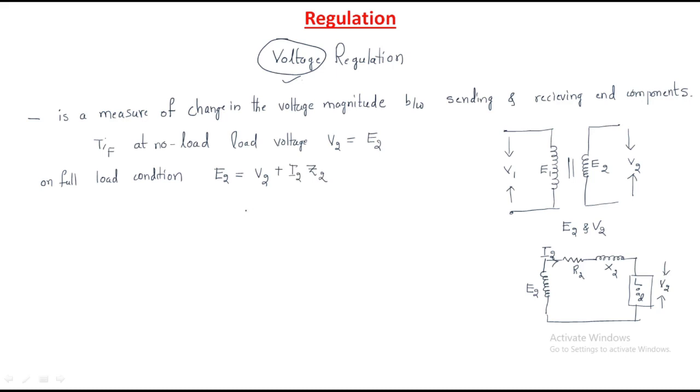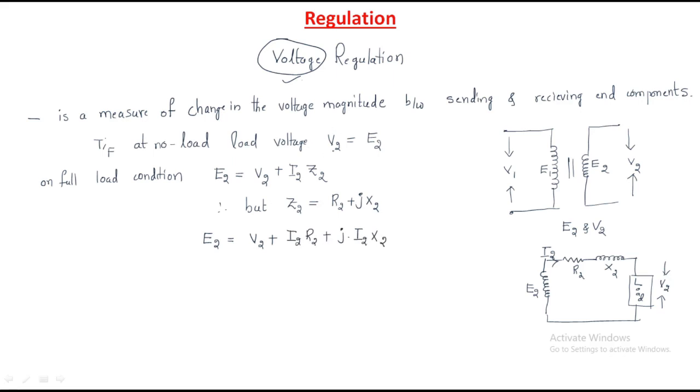But what is Z2? Z2 means the secondary winding impedance. We can write it as R2 plus jX2. So the secondary induced EMF E2 equals V2 plus I2 R2 plus j I2 X2.